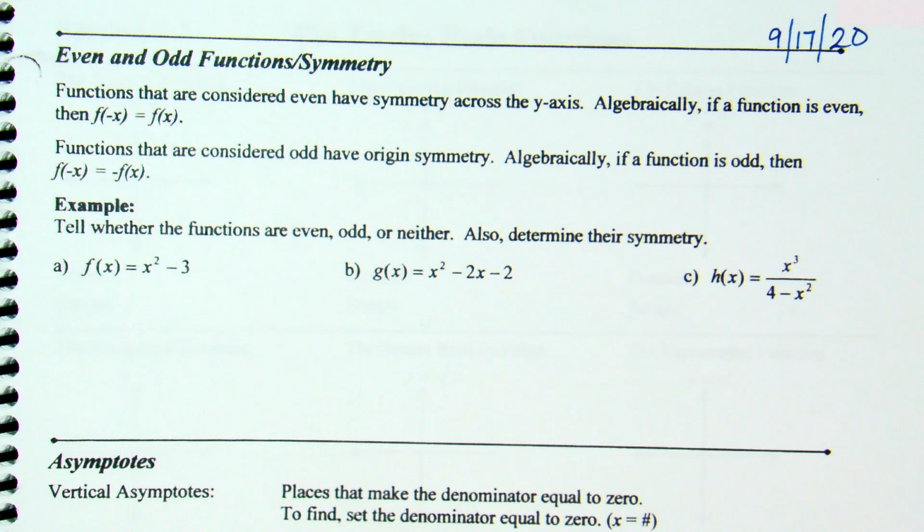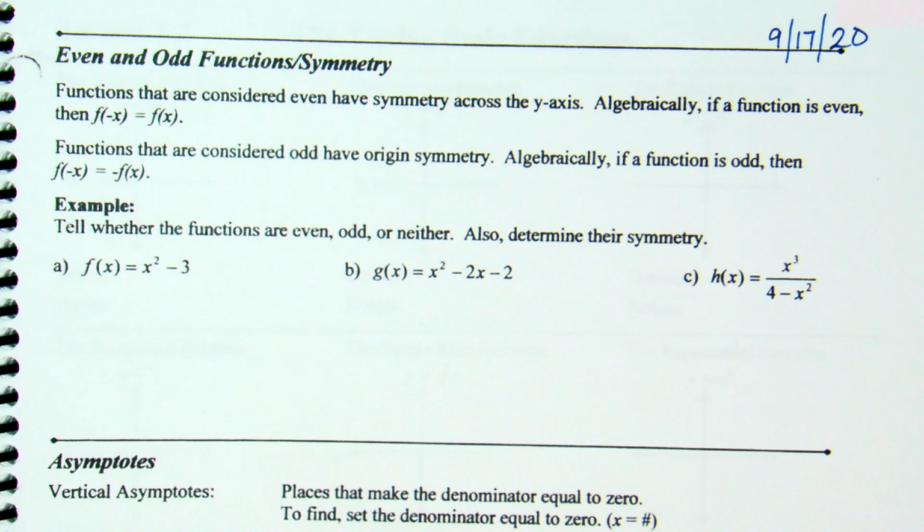So, our first topic today is about even and odd functions and symmetry. We're going to talk about whether a function is what we call even or odd or neither.